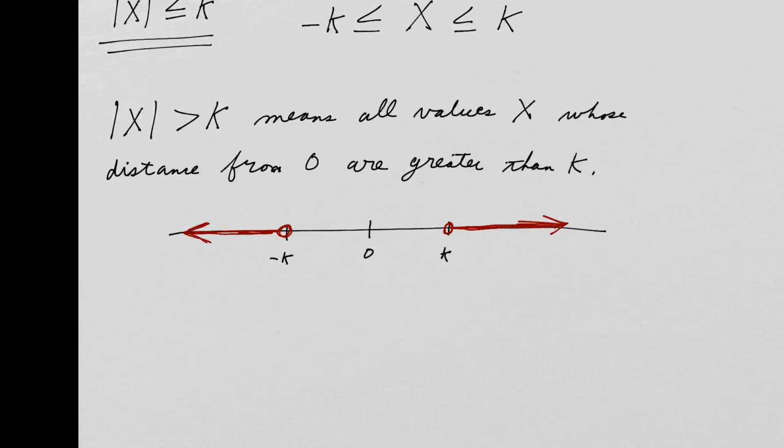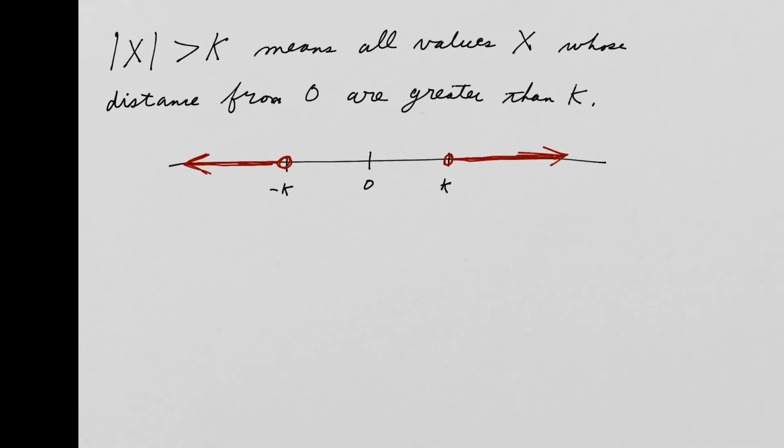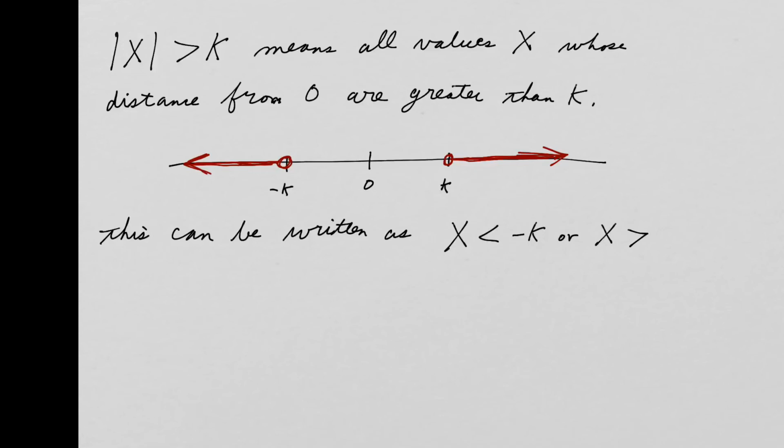Okay, and then the way that you write that, this can be written as x is less than negative k, or x is greater than positive k. So I have two pieces in this case. That expression is less than negative k, or that expression is greater than k.